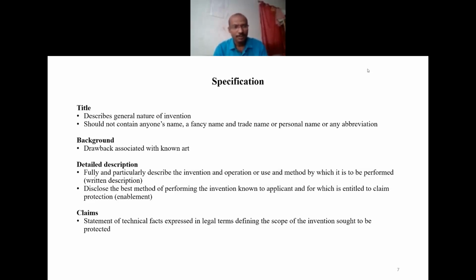So coming to the specification, the title should describe the general nature of the invention, and it should not contain anyone's name, fancy name, a trade name, a personal name, or any abbreviation.